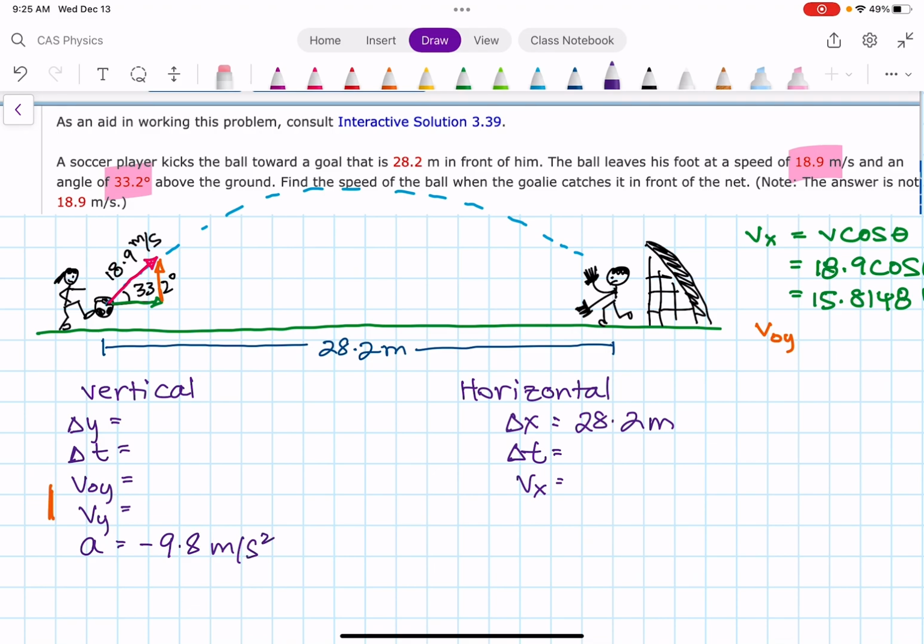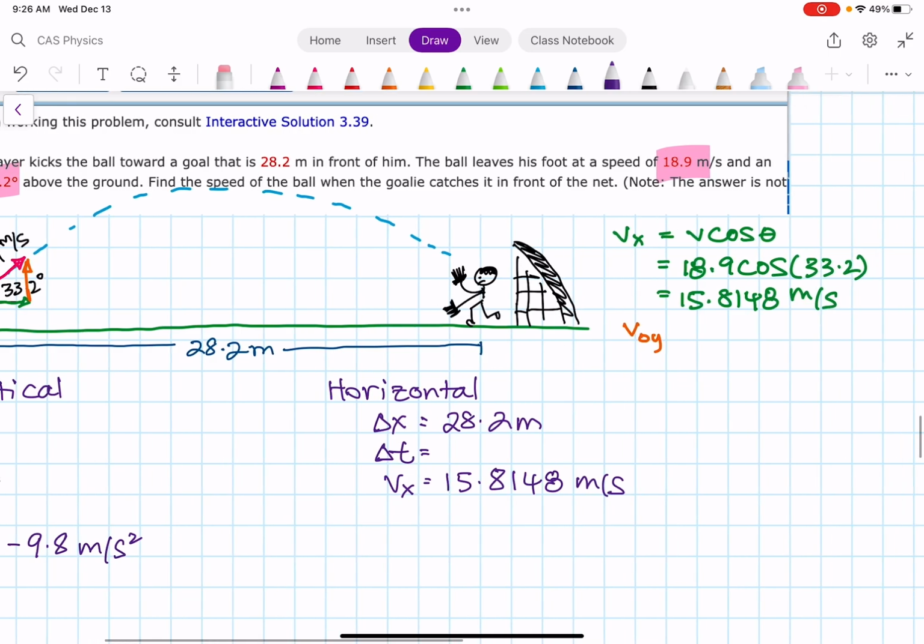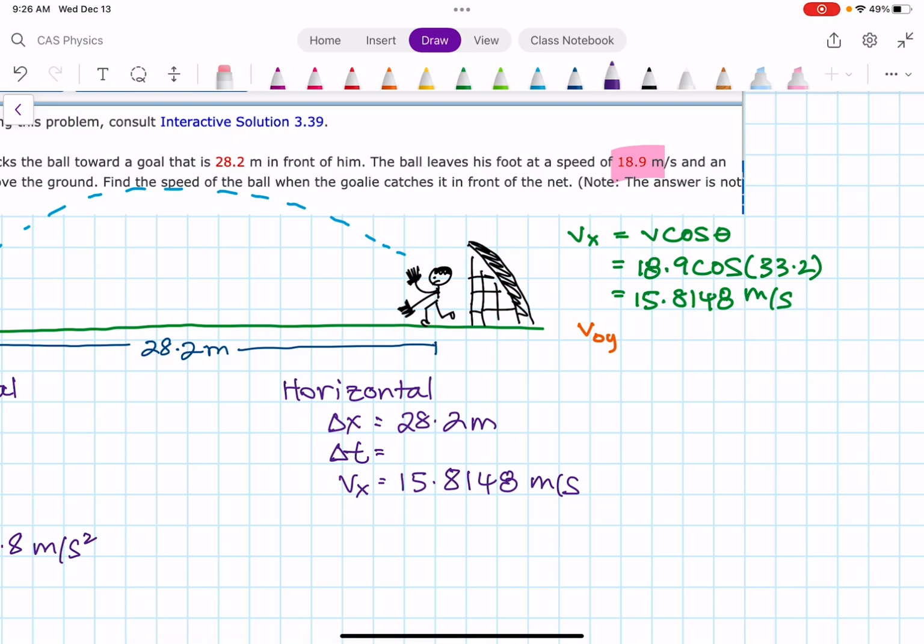But that green arrow, the horizontal, stays constant throughout the entire flight because there is no acceleration in the horizontal. So Vx is going to stay 15.8148 meters per second for the duration of the flight. But the velocity in the y component is constantly changing, so when I solve it here, that's why I'm calling it V naught y.